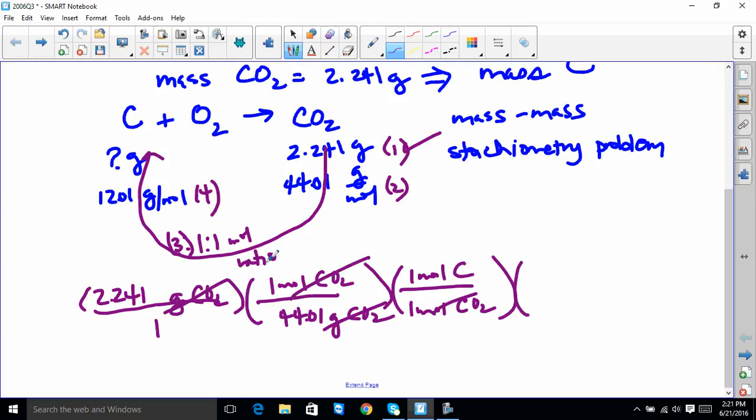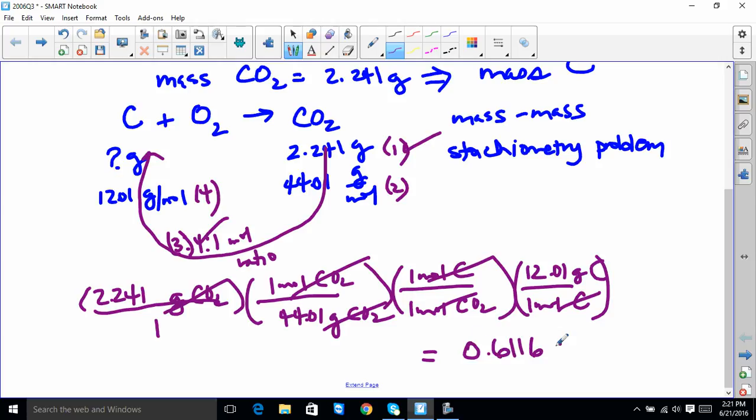And then we know that 1 mole of carbon is 12.01 grams. And this would get us into grams of carbon. This has 4, this has 4, this has 4, the rest of these are counting numbers. If you put this in your calculator, you will get 0.6116 grams of carbon, which is the answer for part I.